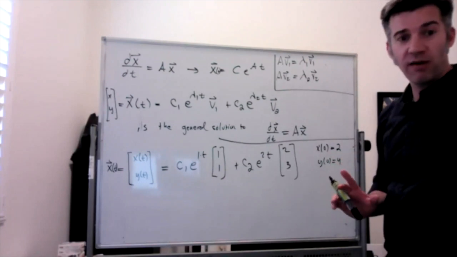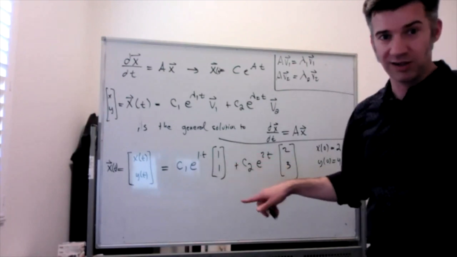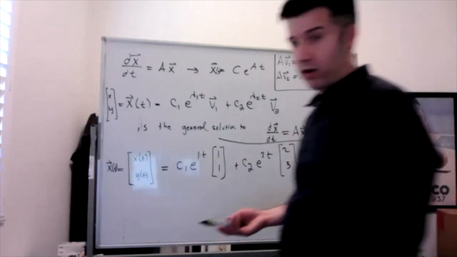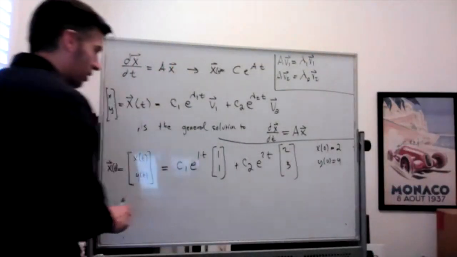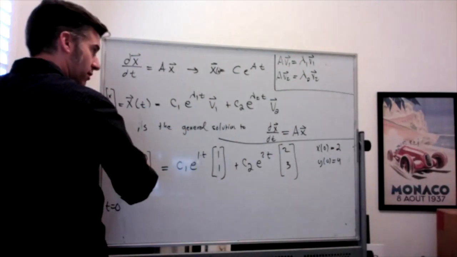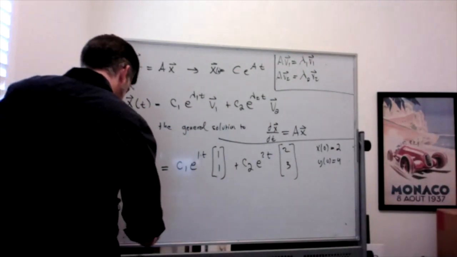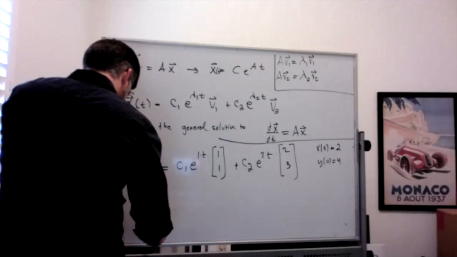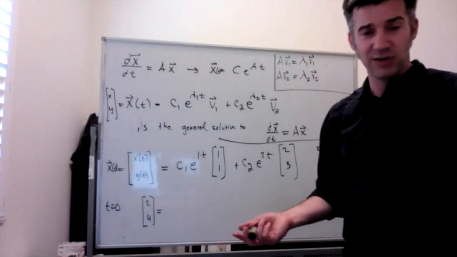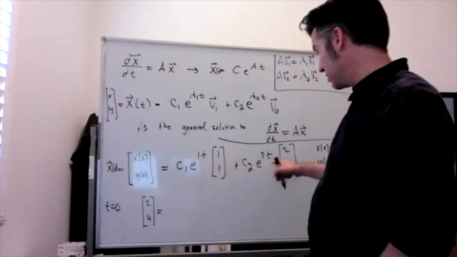The one thing about finding the constants here is it's not quite as easy as the previous one. You actually have to do a little bit of work. So if I plug in t equal to 0, I'm going to get 2, 4 equal to, luckily t equals 0 is easy, e to the 0 is 1, e to the 0 is 1.